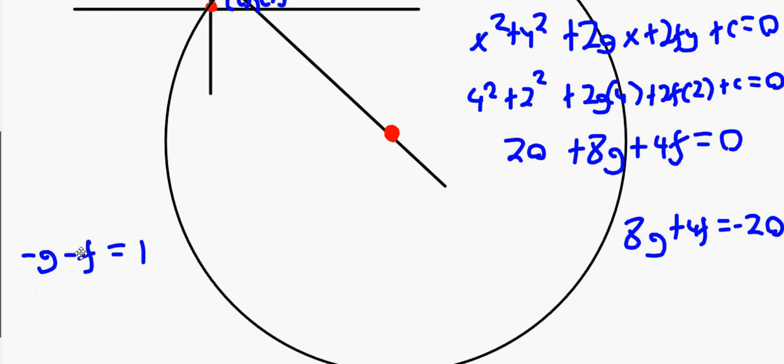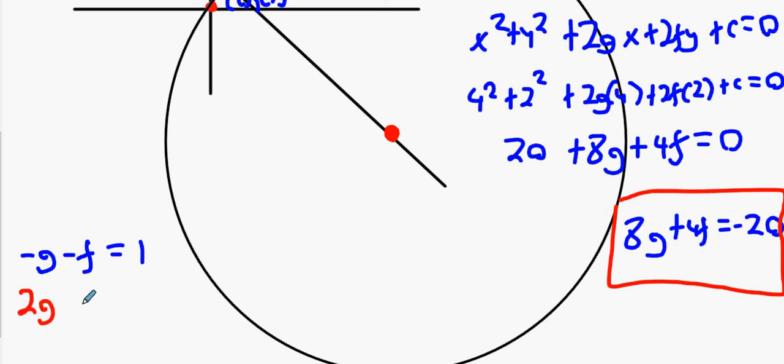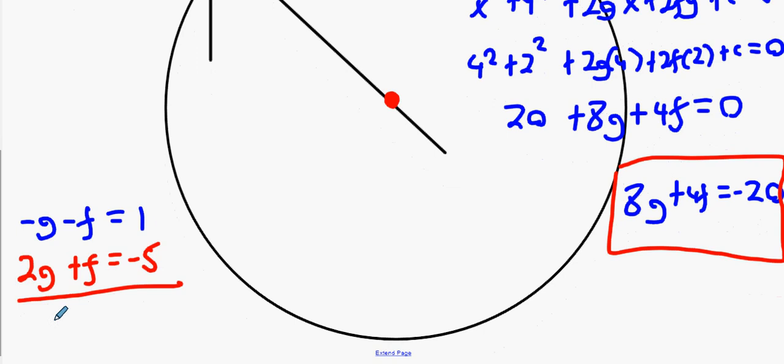Okay. See this one here? I'm just going to divide that by 4. What happens if I divide it by 4? And what am I going to get? G equals minus 4. Okay.